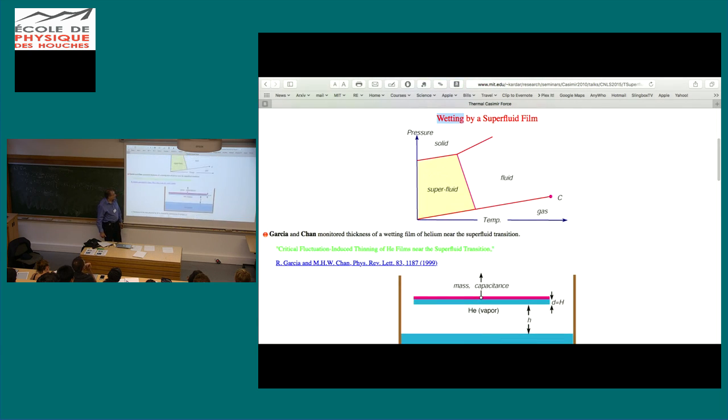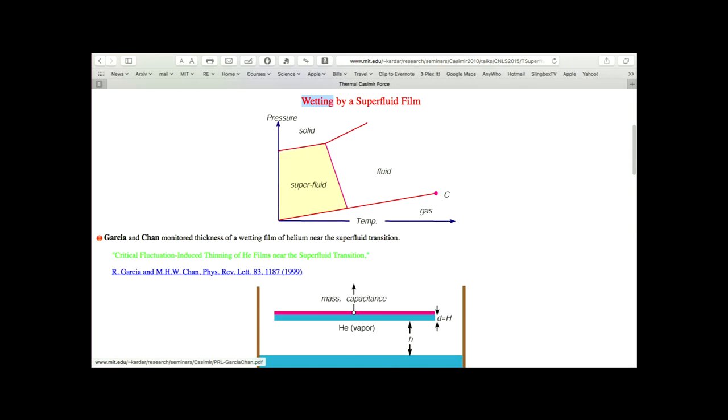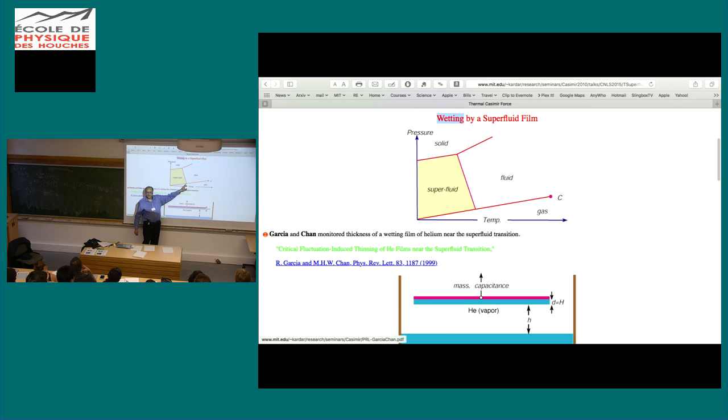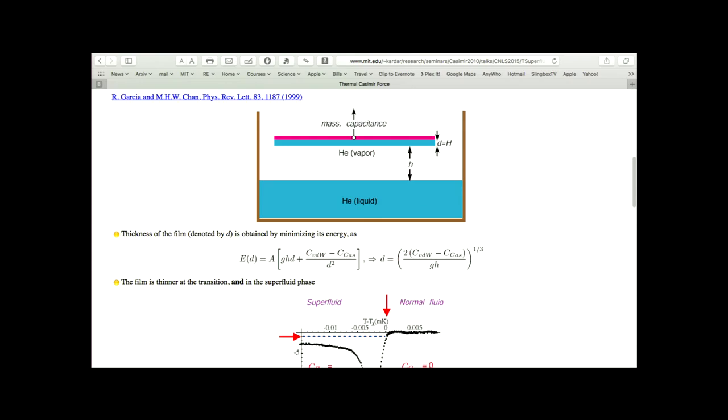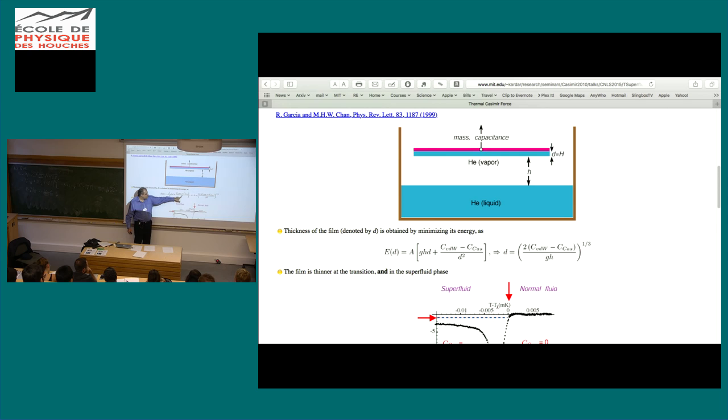Now, as you are cooling this helium, suddenly you undergo a transition over here. And then Fisher and de Gennes predict that once you are at this point, you have these critical fluctuations that take place, and the critical fluctuations give you an additional contribution to the free energy, and that, as we have been calculating all along, scales also as 1 over d squared.